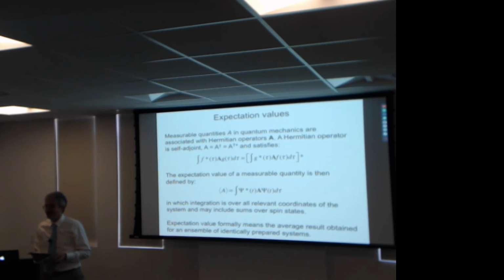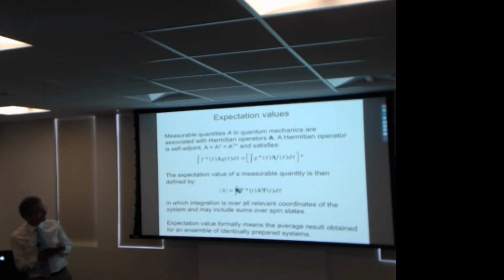So we want to calculate an NMR spectrum, and so we need a recipe for taking the wave function, what comes out of the Schrodinger equation, and converting it to something we can measure in the lab. This is the equation here that does it.